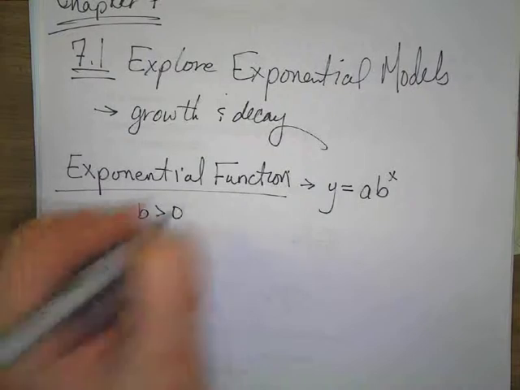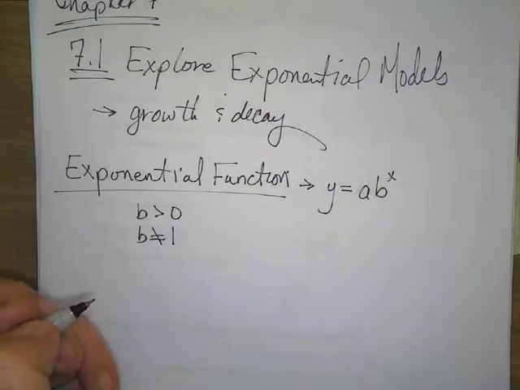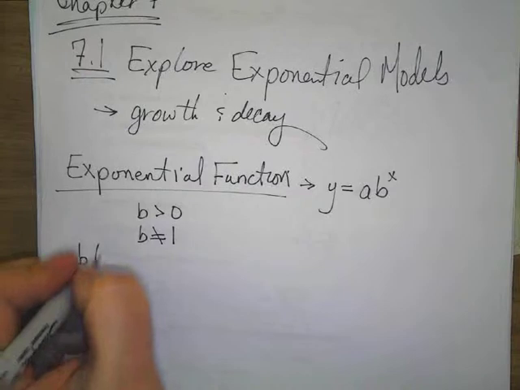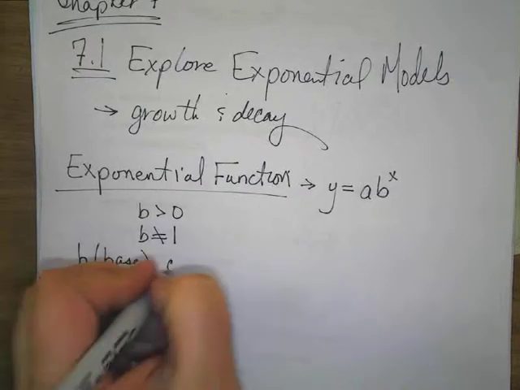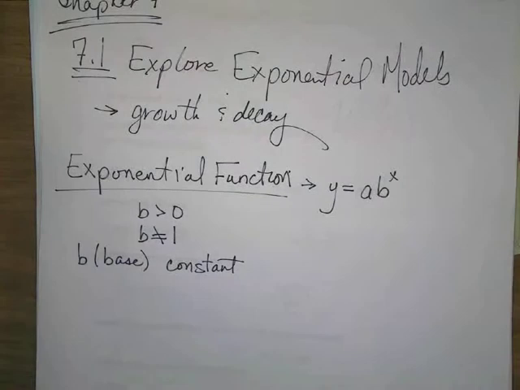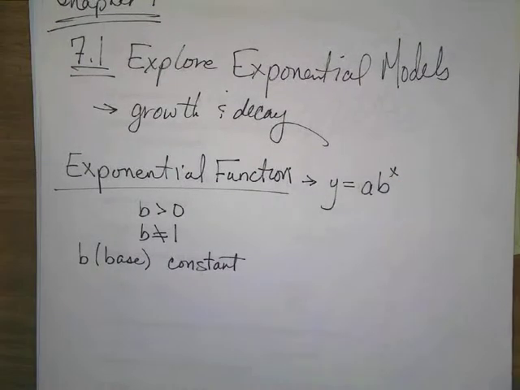B is greater than 0, and b is not allowed to be 1. B we call the base, and the base is constant. In order to be an exponential function, the variable has to be in the exponent place. So you notice how it's up there in the exponent? That makes it an exponential function.